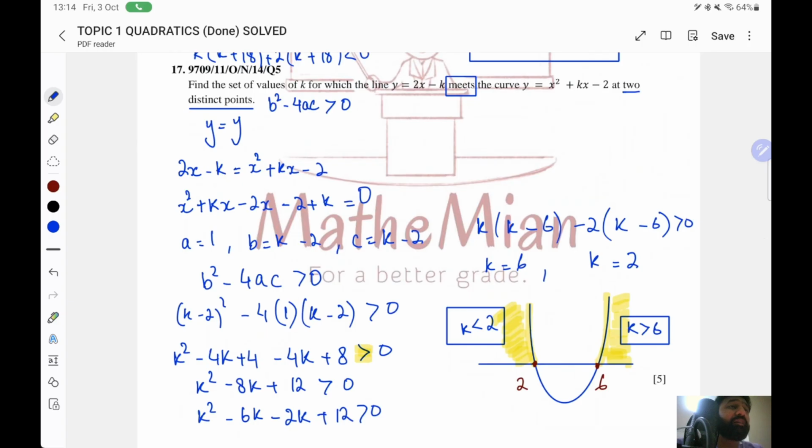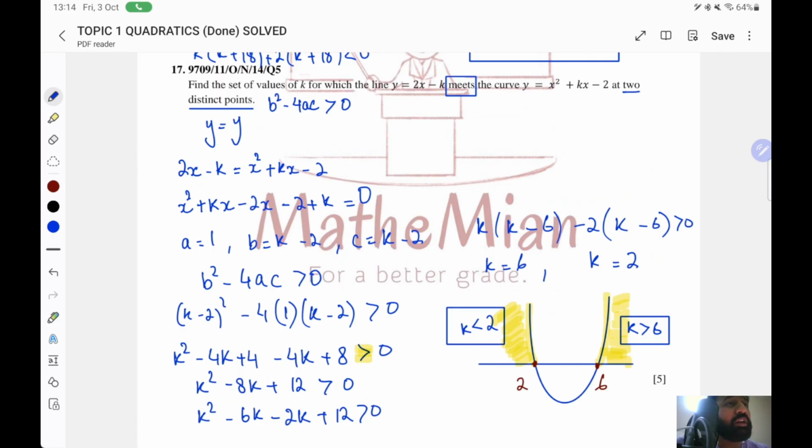No. I never said that whenever he says two distinct points. I said that whenever he says real roots only. Whenever he says real roots, then you write greater than equal sign. But if he specifies two distinct roots, then you only put greater sign.